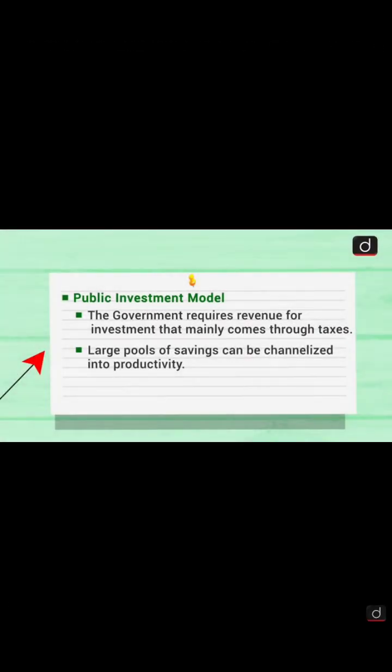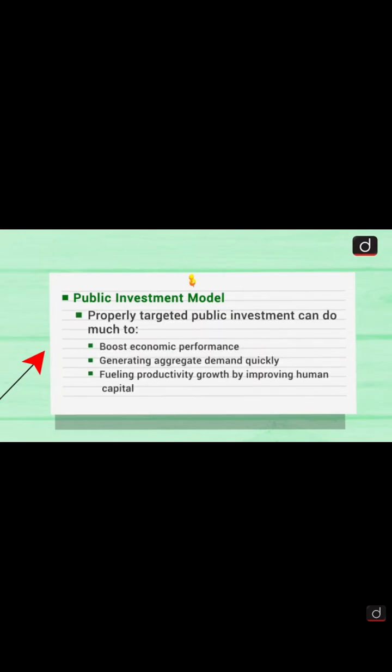That large pool of savings we have, and we can channelize that savings into productivity. Now the public investment model, that is properly targeted public investment, can do much, like boost economic performance, generating aggregate demand quickly, also fueling productivity growth by improving human capital.